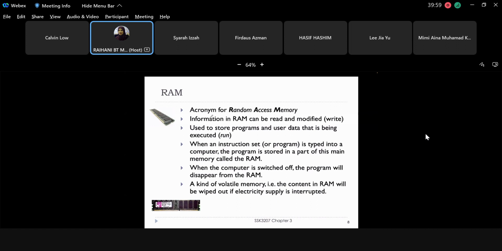Information in RAM can be read and also modified, meaning that you can read, you can save, and then you can open it back and write it back. It will rewrite. So modified here means changes can be done in the RAM. It is used to store programs and user data that is being executed. So this is the RAM function.